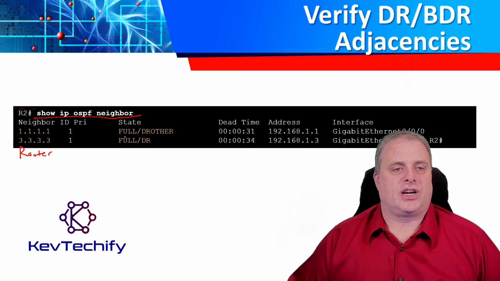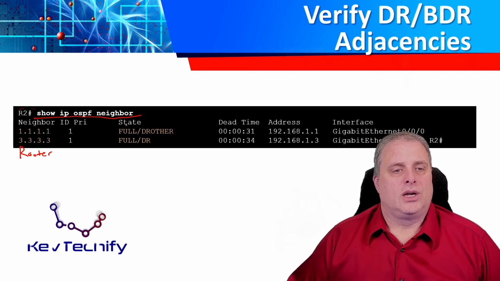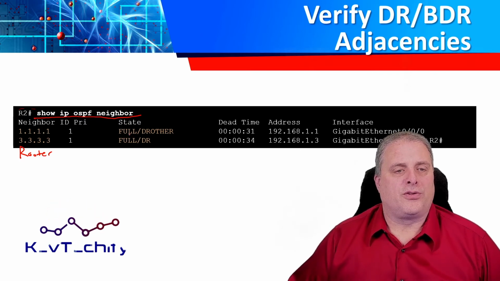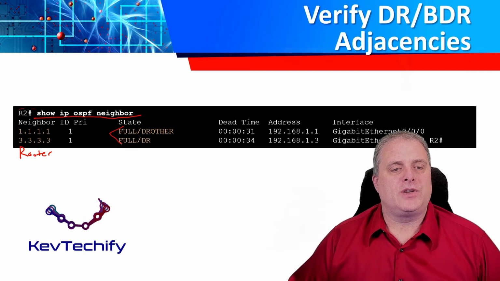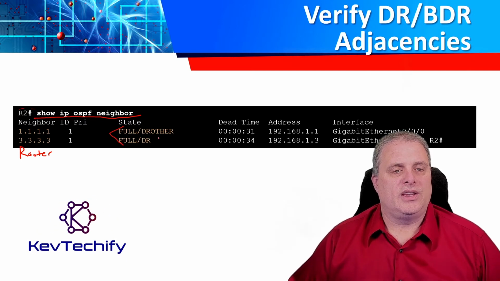Then it's going to give us our state. And notice we have full, meaning we have full conversations with these other devices, and this adjacency is to a DR other, and this conversation is to the designated router.